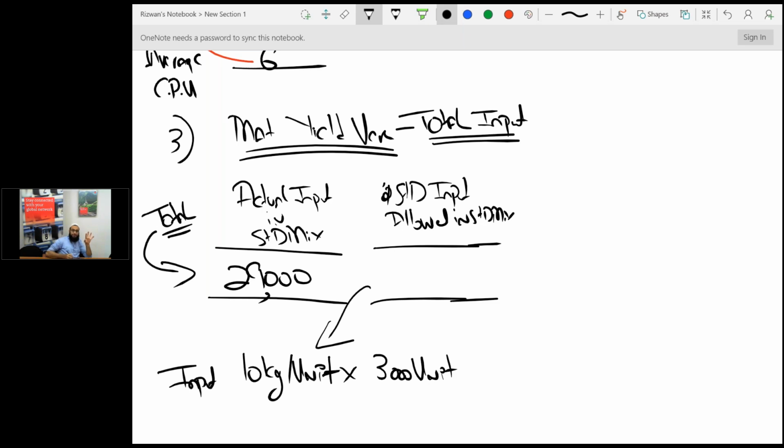So if you recall, it's the same formula. Standard kg per unit, multiplied by actual units. So for these 3,000 units, you need to have an input of 30,000.